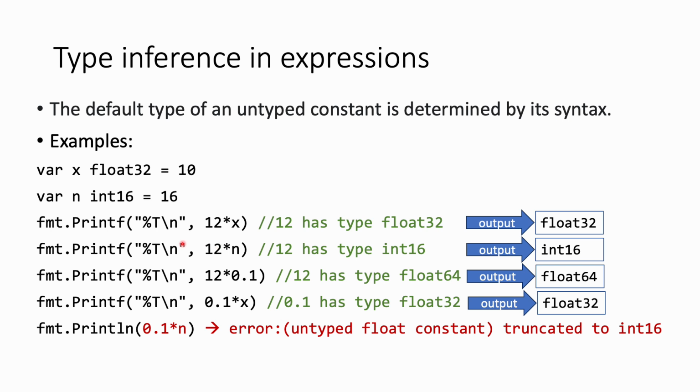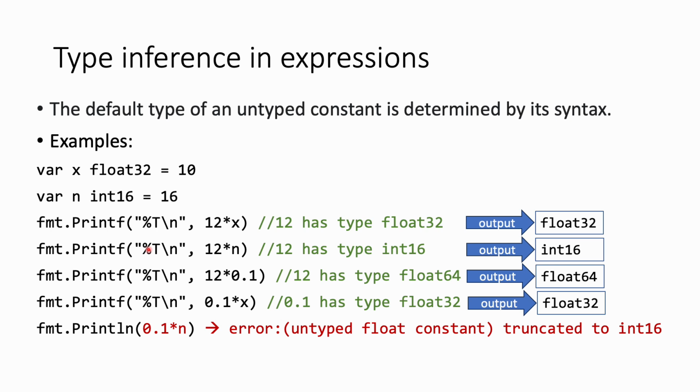This is because Go doesn't allow operations that mix numeric types, as we have discussed before. And the result of an operation has the same type as its operands.